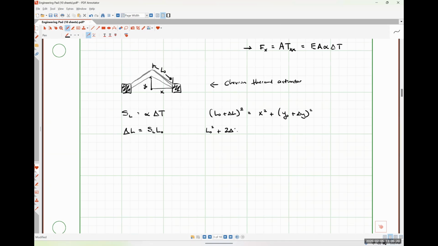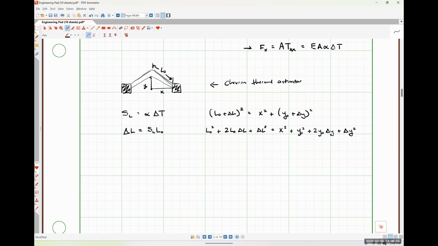So twice L naught times delta L plus delta L squared is equal to x squared plus y naught squared plus twice y naught delta y plus delta y squared. So did I expand these polynomials out correctly? Let's start there. Don't know how I missed a factor of 2 in my original notes, but it is what it is.